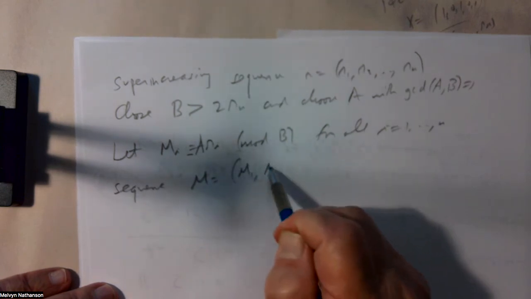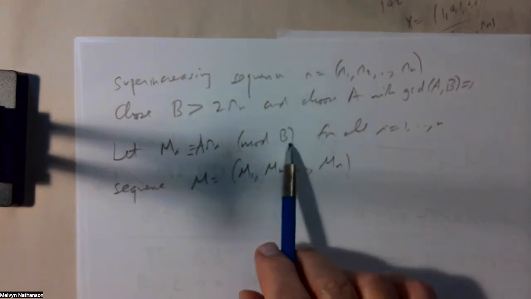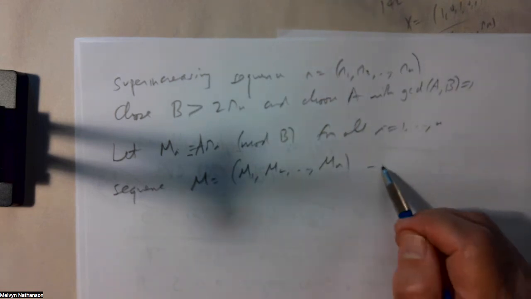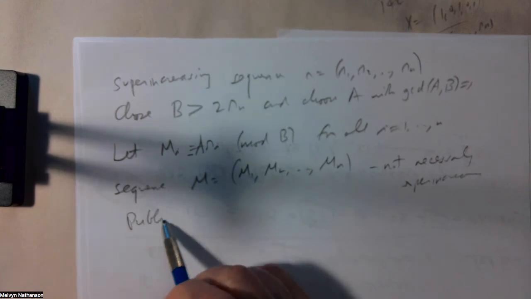So now you have a sequence M, which consists of n different numbers, since a is prime to b. It is no longer super increasing. It's just a sequence. And you publish M. So everyone in the world knows your sequence M.